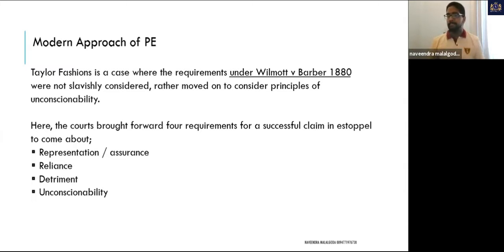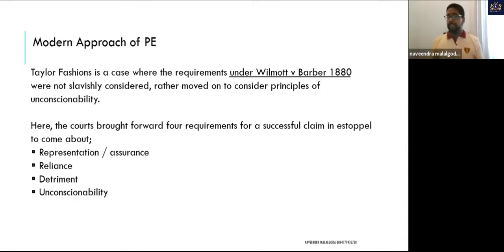Because of that promise or that assurance or that representation that was made by Vicky to me, I gave up my own property. I sold off my house. Maybe it was not a good time to sell off my property, but I still, for a lower market value, I sold it off.